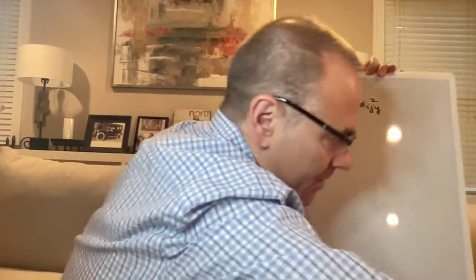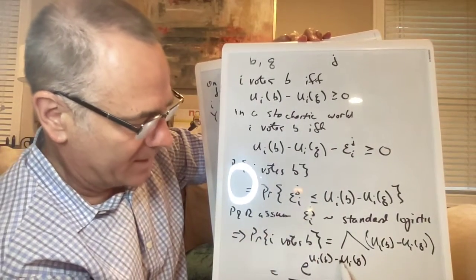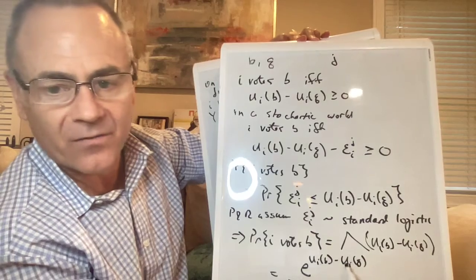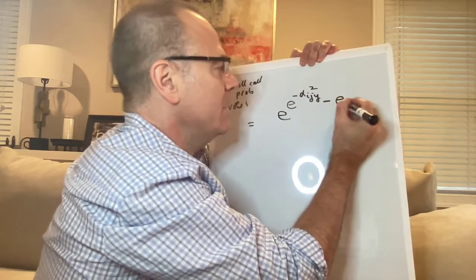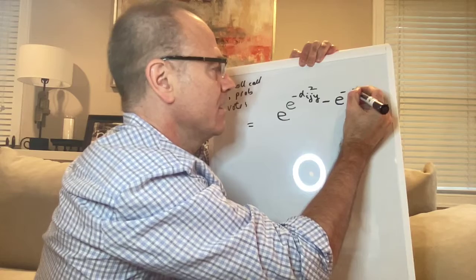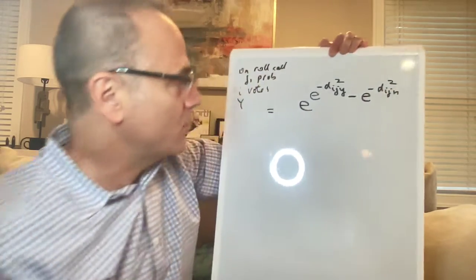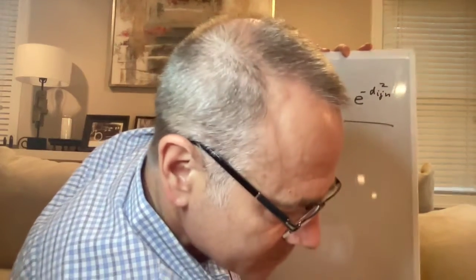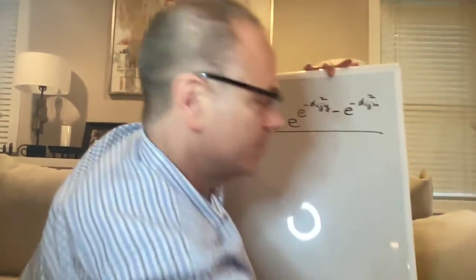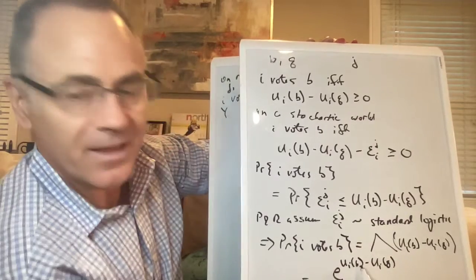That's minus the utility of Q, which is the nay alternative, minus E to the negative DIJN squared. All divided by one plus E to that same term.